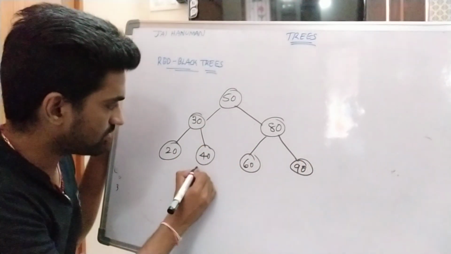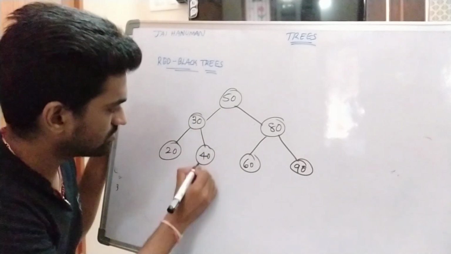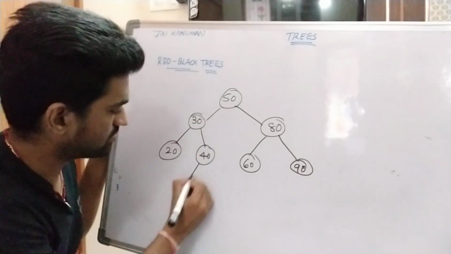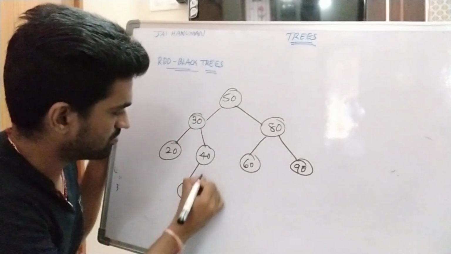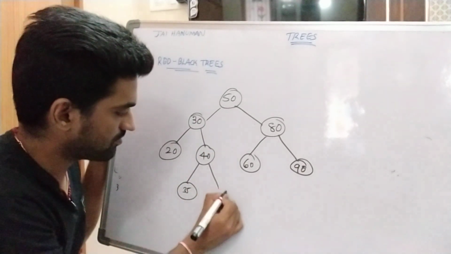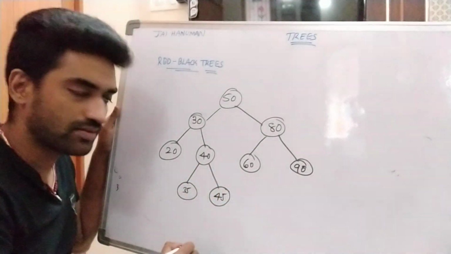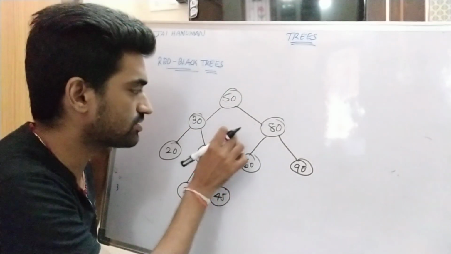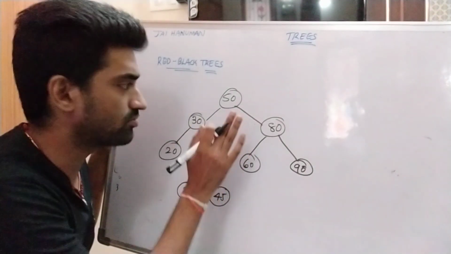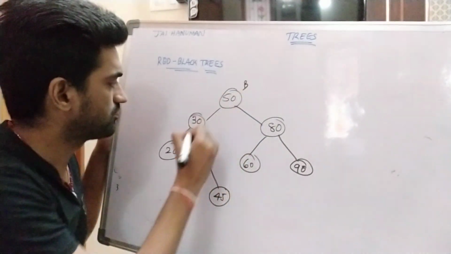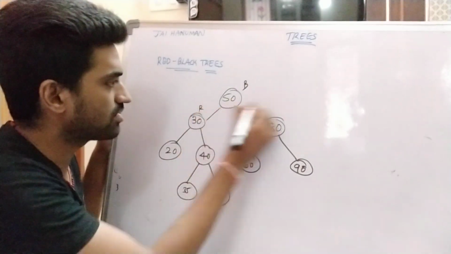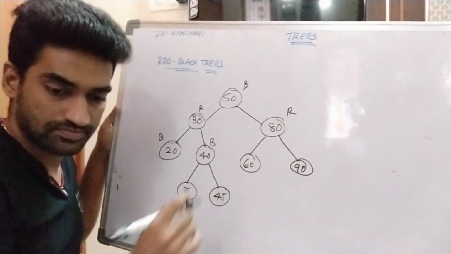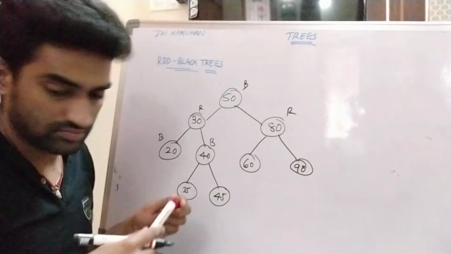Then here I am writing 30, 35, 45. So this is a binary search tree. I want to convert this binary search tree into a red black tree. So root is black. Suppose this is R, this is R, this is B, black.